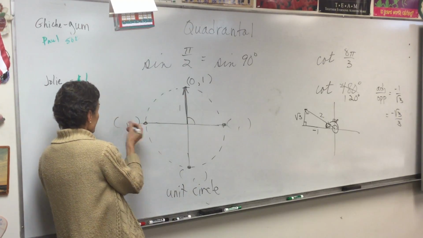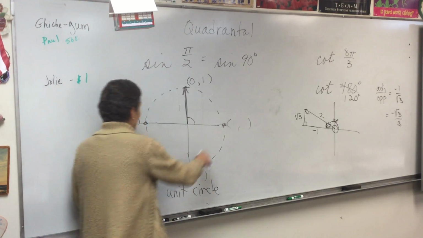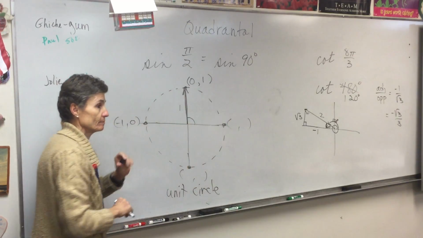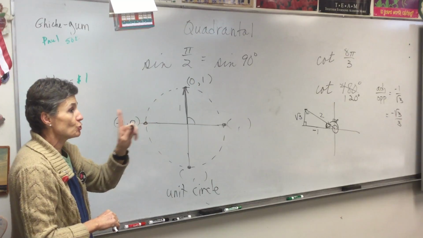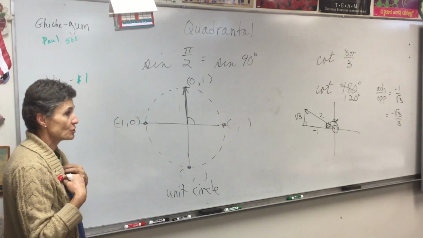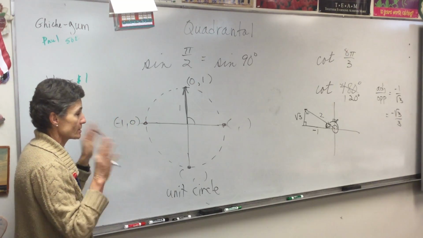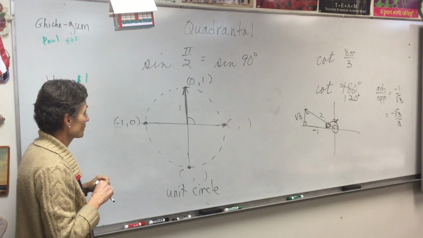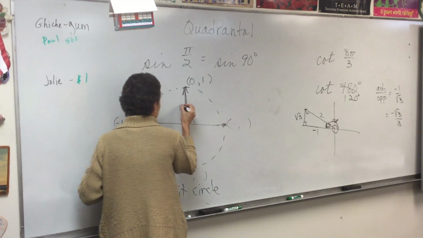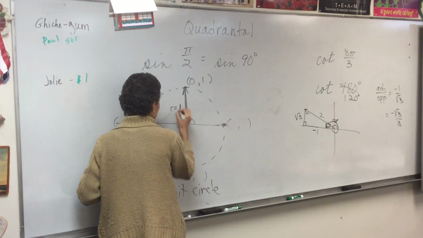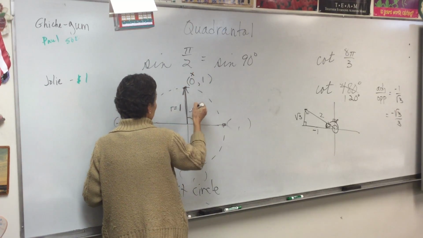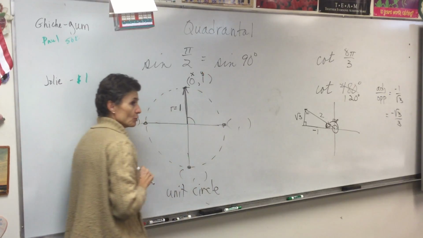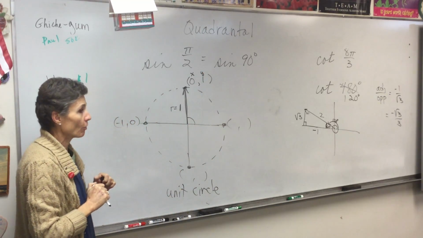And if I needed this one, it would be (-1, 0), and so on. I could fill them all in. You may use any radius that you want. I will always use 1, just to keep it simple. So I have chosen a radius of 1. It has generated an x value of 0 and a y value of 1. Nothing hard about that.